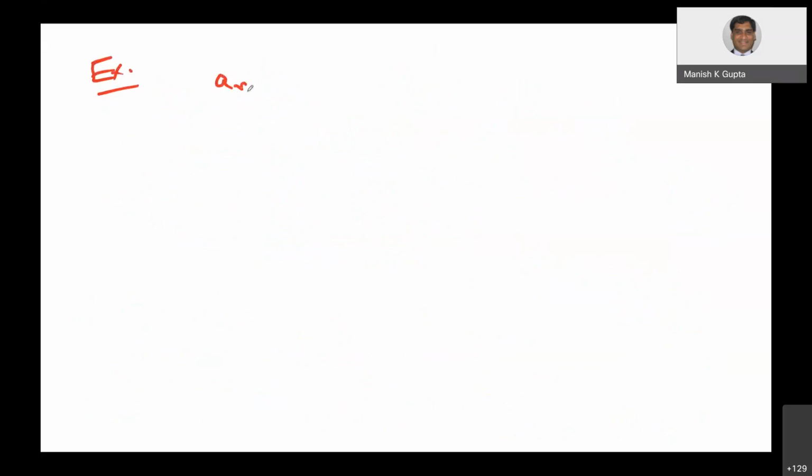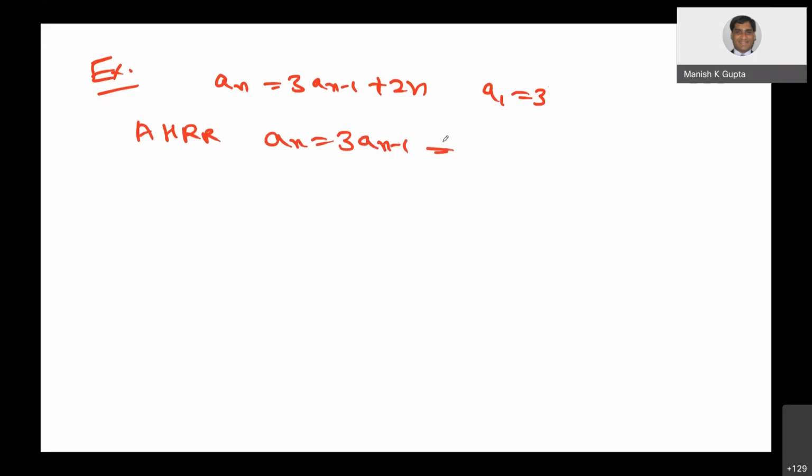Example: solve a_n = 3a_{n-1} + 2n, with a_1 = 3. The associated homogeneous recurrence relation is a_n = 3a_{n-1}. Ignoring the other part, the homogeneous solution turns out to be alpha times 3^n, where alpha is a constant, using Theorem 1 that we discussed today.